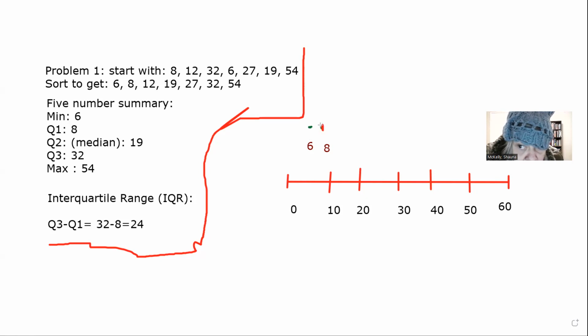So I'm going to go ahead and right here, I'm going to make my fence. Okay, this is 8. And how long do I make it? That's what this is for. It ends at Q3. So our rectangle ends at Q3.